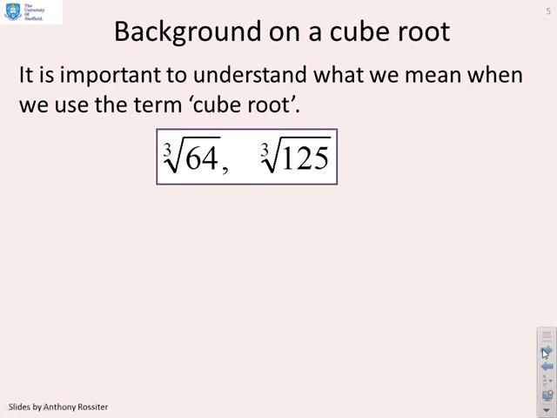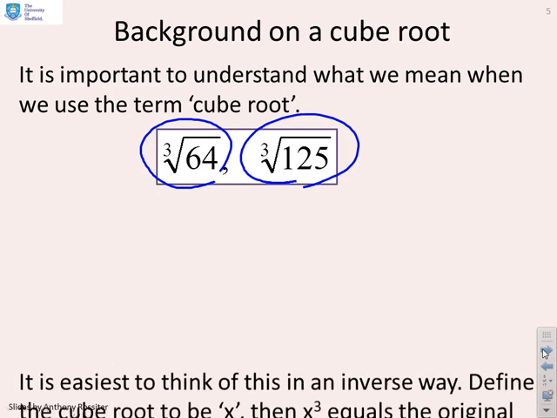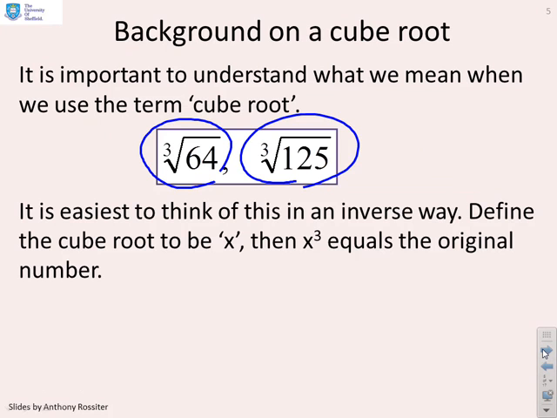What about cube roots then? First, it's important to understand what we mean when we use the term cube root. And this is a typical notation. You can see I want the cube root of 64 or the cube root of 125. I think it's easier to think of this using inverse operations. So define the cube root to be a value x such that x cubed equals the original number.